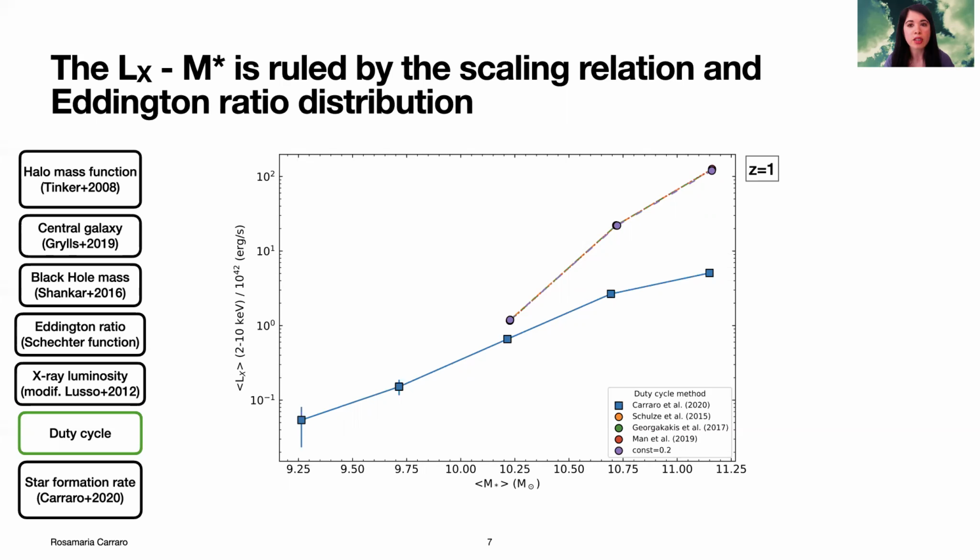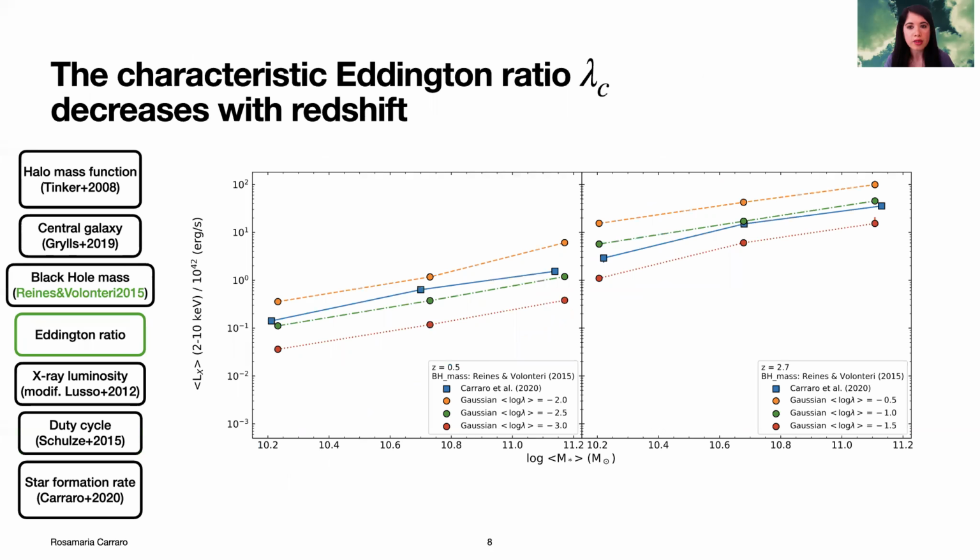And as anticipated, the shape of the LX to M star relation is given by a combination of the scaling relation and the Eddington ratio distribution. As a last result, we now want to reproduce the LX to M star relation of our data with a Reines and Volonteri relation, which has the closest slope to our data. And we explore a range of Gaussian Eddington ratio distributions.